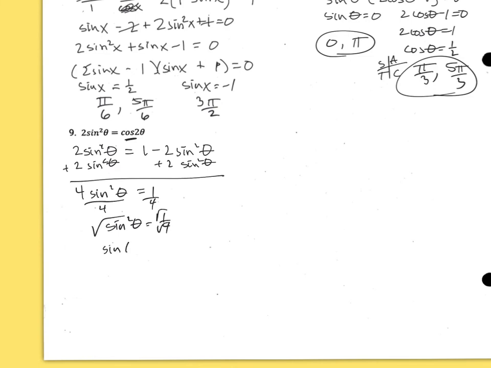So we get that the sine of theta is positive and negative 1/2. So I told you earlier we have one that's factoring and one that's not factoring. This is an example of one that is not factoring. So we're dealing with all the pi over 6's in every single quadrant. So pi over 6 and 5 pi over 6, and then 7 pi over 6 is third quadrant, and 11 pi over 6 is the fourth quadrant.